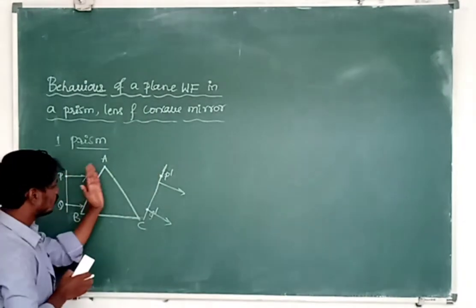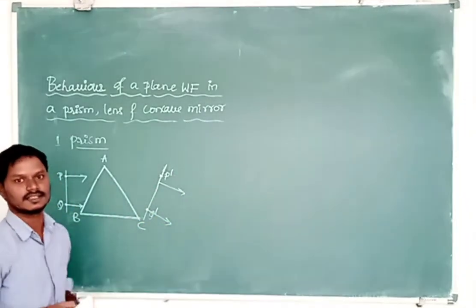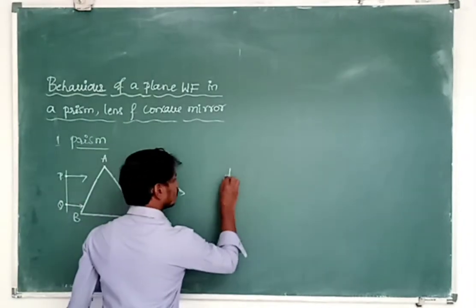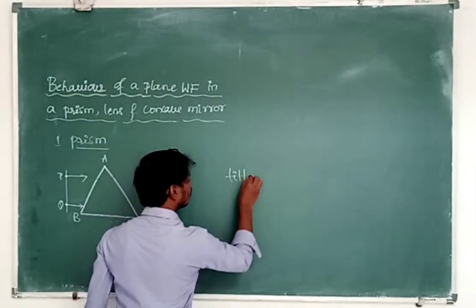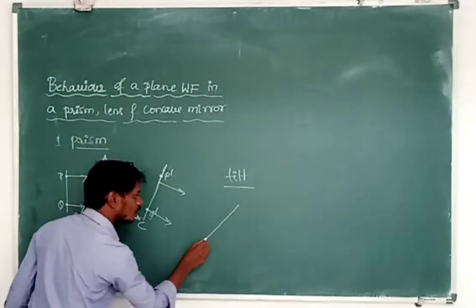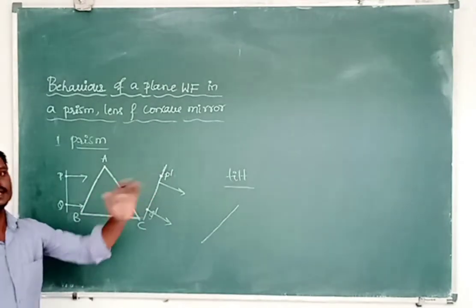That is why the emerging wavefront is tilted. Tilt here means movement with a slope. So the emerging wavefront is tilted here.